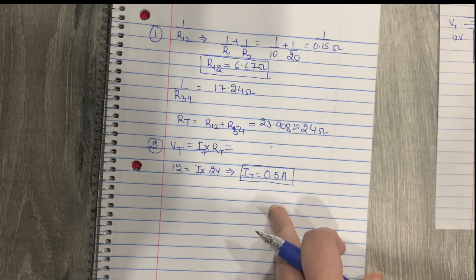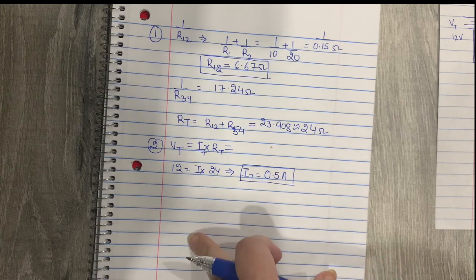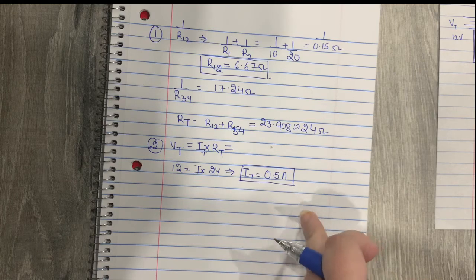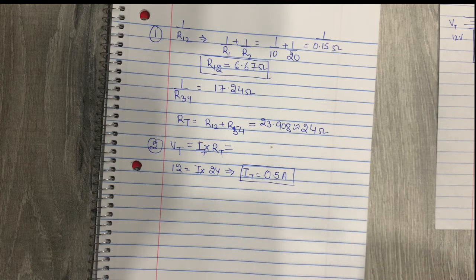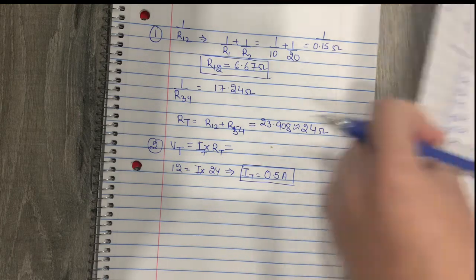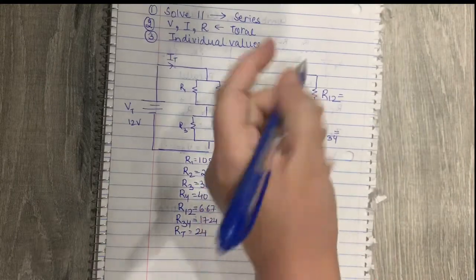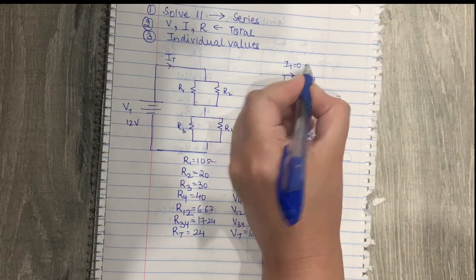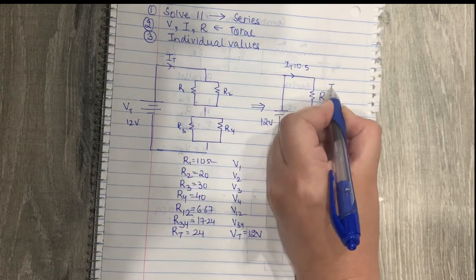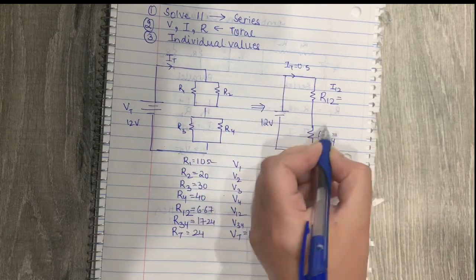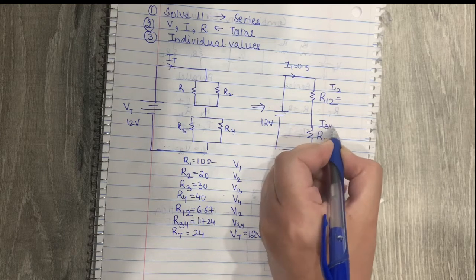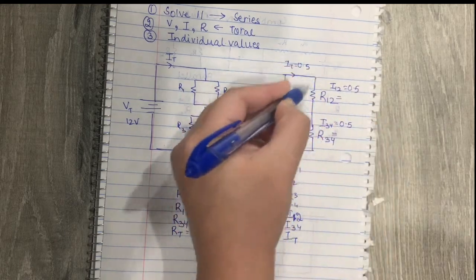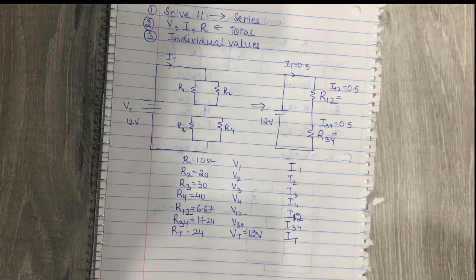Now if you remember, I had already told you the total current in a series circuit is equal to the individual value of currents across the series circuit. So if the total current here in this circuit IT is 0.5, the current across R12 and the current across R34 is also the same, because this now has turned into a series circuit.